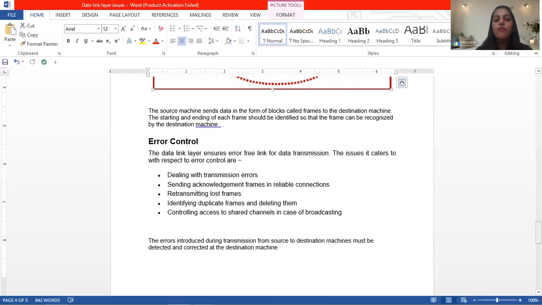The issues it caters to are dealing with transmission errors, sending acknowledged frames, unreliable connections, retransmitting lost frames, identifying duplicate frames and deleting them, and controlling access to a shared channel in case of broadcasting. So the errors introduced during transmission from source to destination machine must be detected and corrected at the destination machine so that there are no errors in the frames received by the receiver.